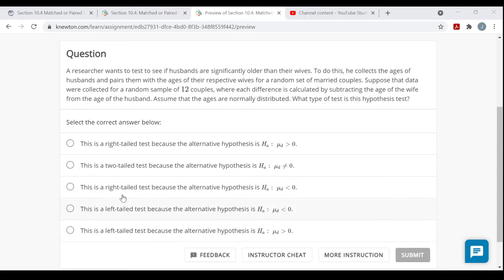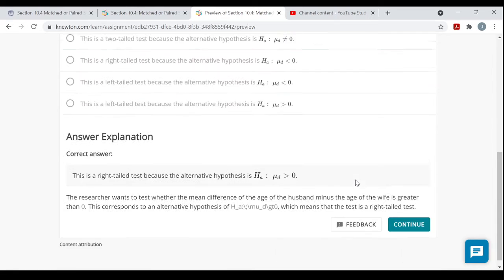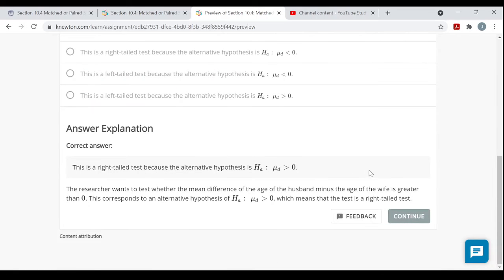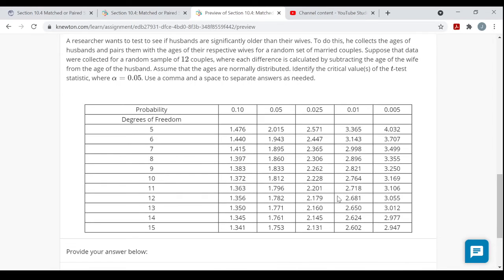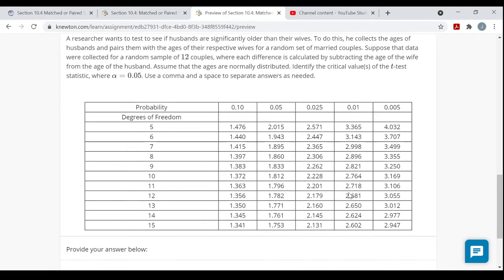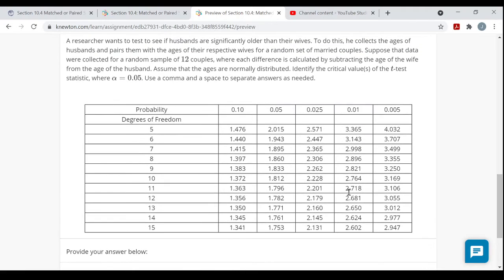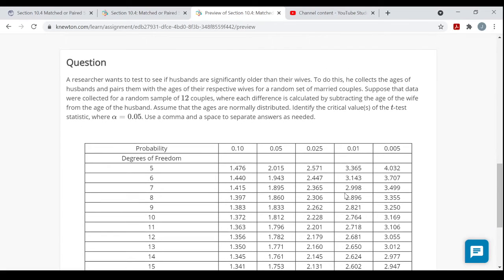But yes, it's a right-tailed test, because the alternative hypothesis would be that mu d is greater than 0. And I'm sure there's a second part to this where we have to find a critical value, absolutely. Now notice they're giving us a table down here for t distributions, critical values of t distributions.